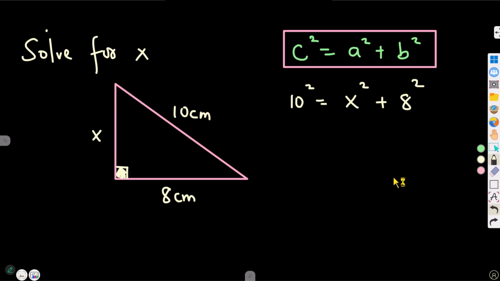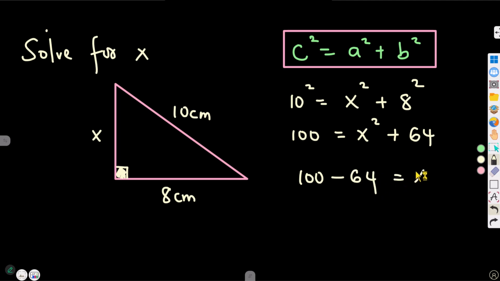Now, if you try to solve this, what's 10 squared? 100. x squared plus 64. So you have 100 take away 64 is equal to x squared.